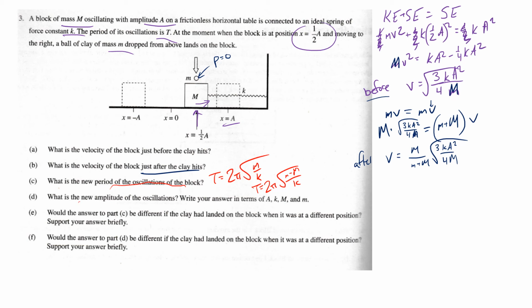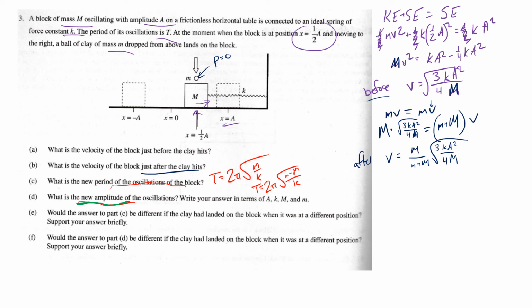What is the new amplitude? Oh, new color. The Christmas connection. What is the new amplitude of the oscillations? Write your answer in terms of stuff. Okay, so the new amplitude is where the kinetic energy is 0 and the spring energy is everything.